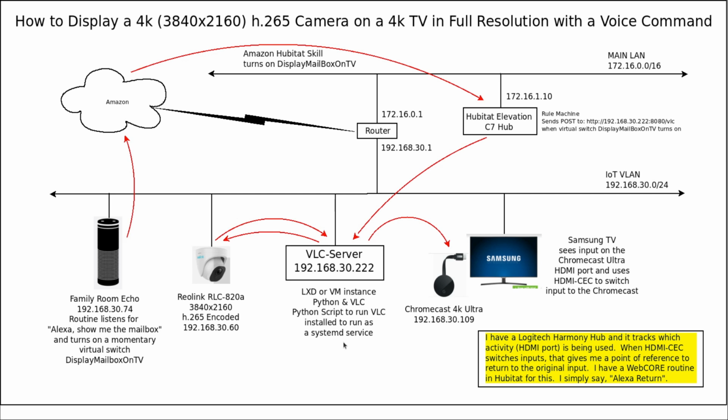So a lot of people are familiar with VLC. You think it's a video player, and that's true that it is, but it's also something that is capable of taking an input stream from another location, like this camera here, and it's taking its full H.265 encoded video stream that is at 3840 by 2160, and then it's providing it back to this server running VLC.